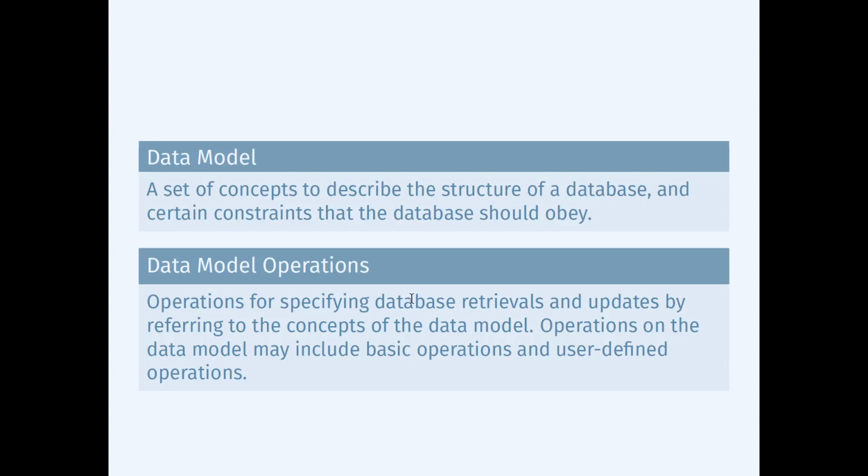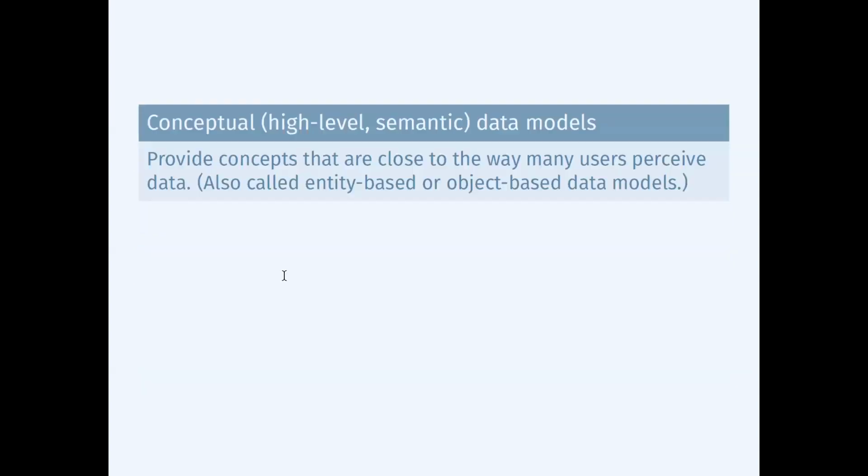Now that we have understood data models, next I would like to present some categories of data models. There are three categories. What are the three categories? Conceptual, which we call high level; physical, which we call low level; and third, implementation, which we call representation.